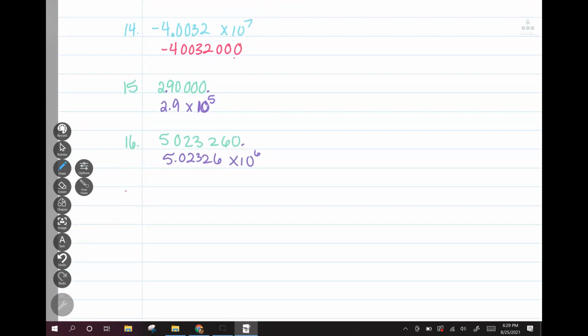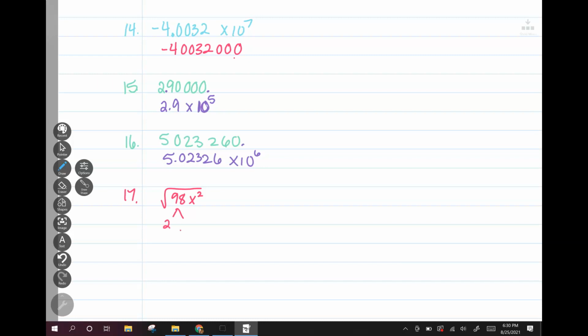And number 17, getting into our radicals here. I think this is what we need the most work on. So hopefully this helps. All right, to simplify this, we want to use our factor tree to break down the 98. You could divide it by whatever comes to mind that divides into 98, but I'm going to start with 2.